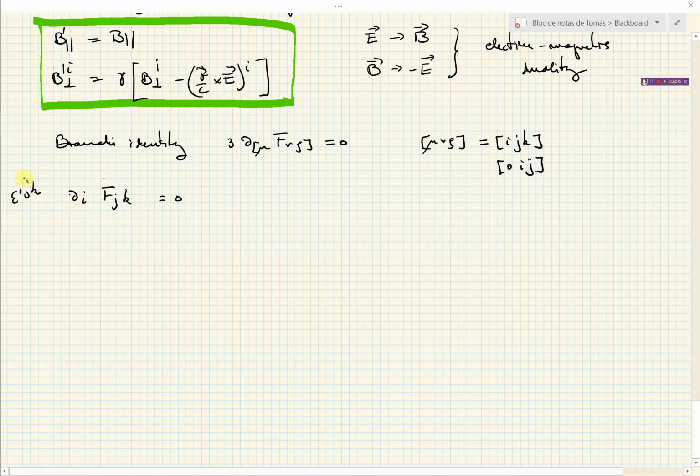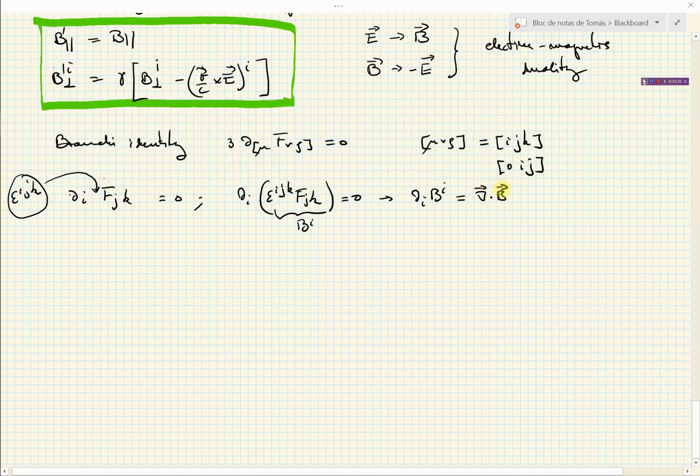And now notice that this is constant, so I can put it inside of the partial derivative, and this becomes partial i of epsilon ijk F_jk equal to 0, but this is, up to a sign and a number, what we have defined as B_i. So this gives this equation in terms of the magnetic field, which is also what sometimes you write like this: the divergence of the magnetic field equal to 0, which is one of the Maxwell equations.